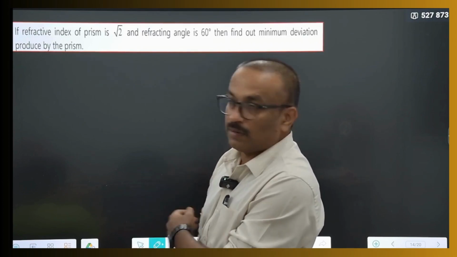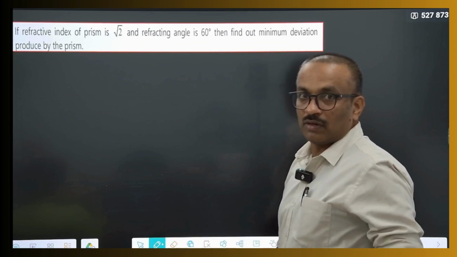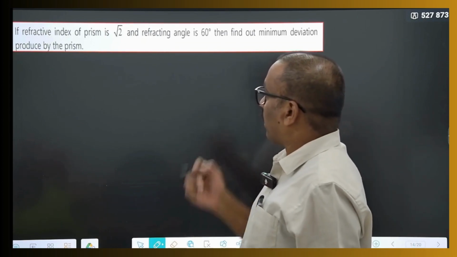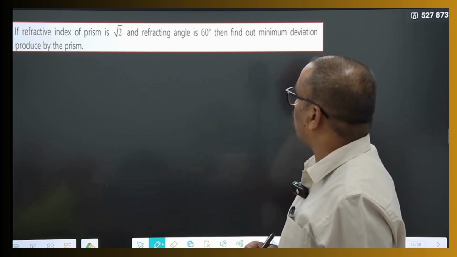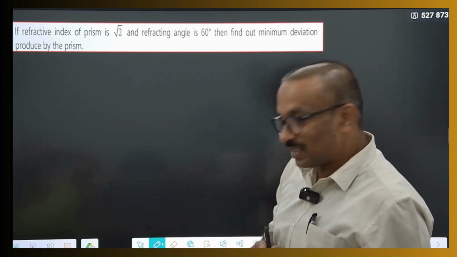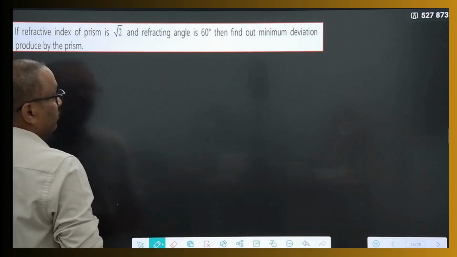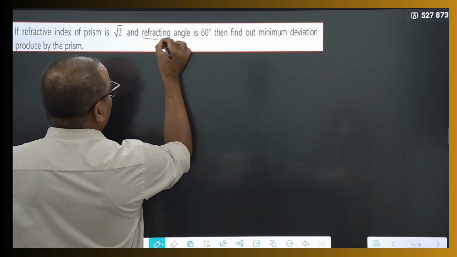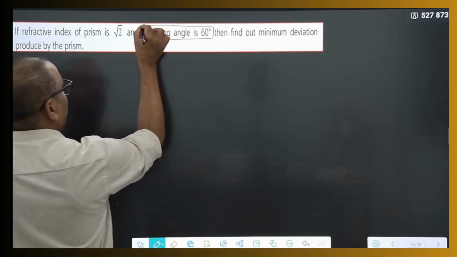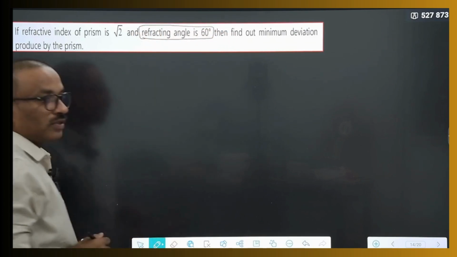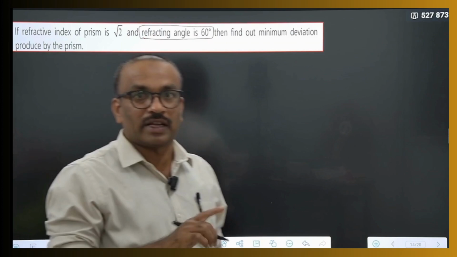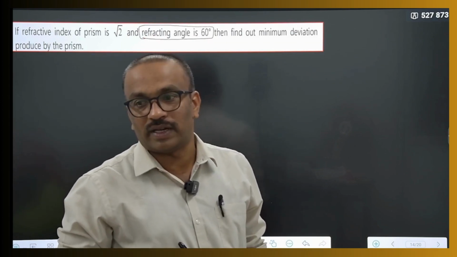If it is not visible, just try to concentrate on my words. The refractive index of the prism is root 2. The refracting angle is 60 degree. Please see what this refracting angle is. Most students know the angle of refraction and will take R1, R2 or something out of this.